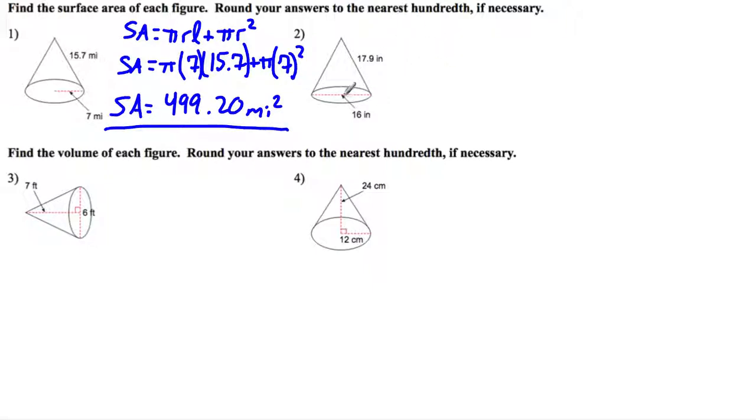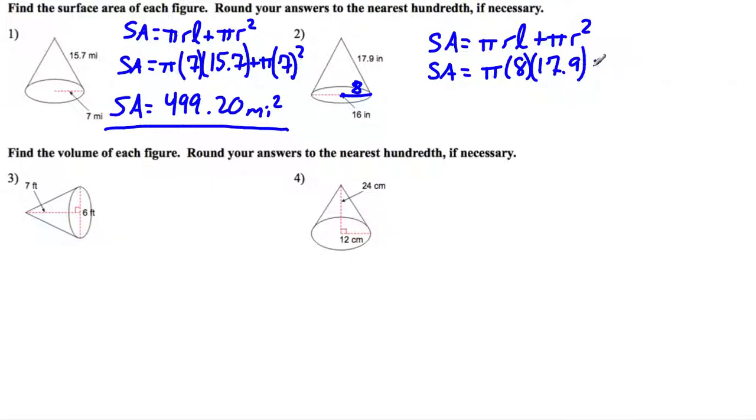For the next one here, we can see we have a diameter of 16, so that means that the radius is 8. So the surface area is going to be pi r L plus pi r squared. So again, we have the surface area is pi times the radius, which is 8, times the lateral height, which is 17.9, plus pi times the radius, again, 8 squared.